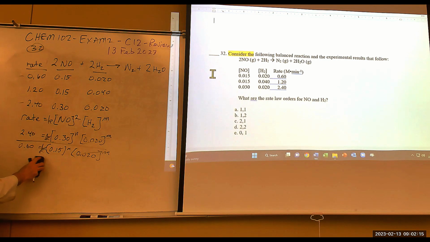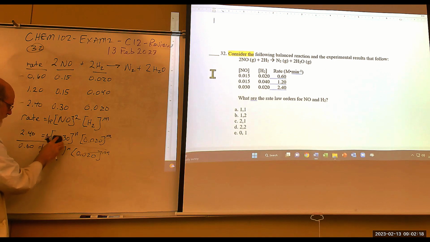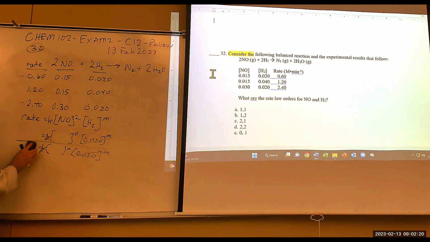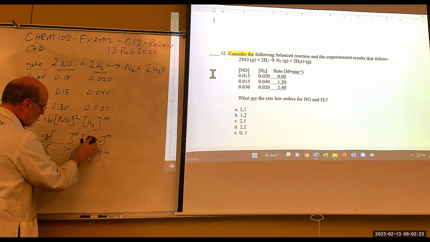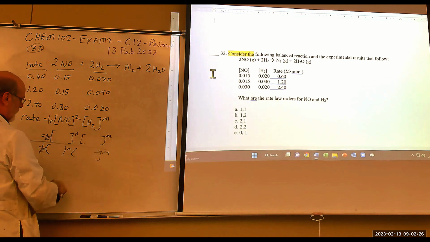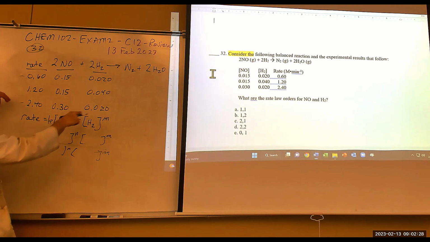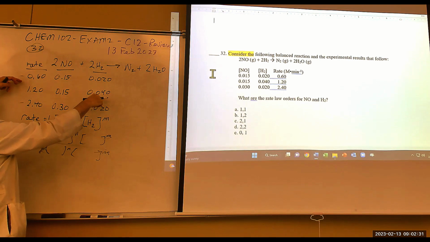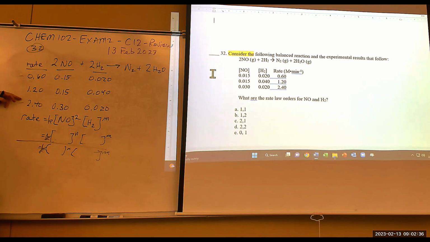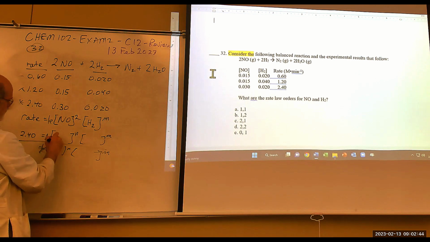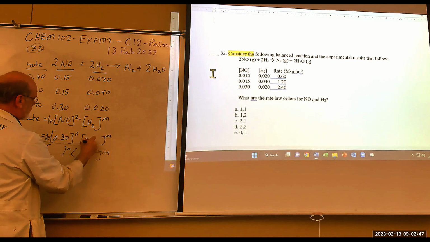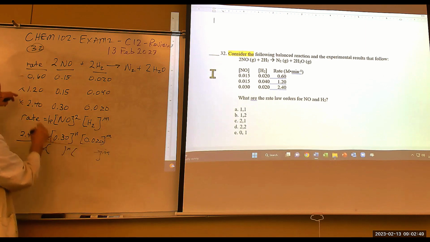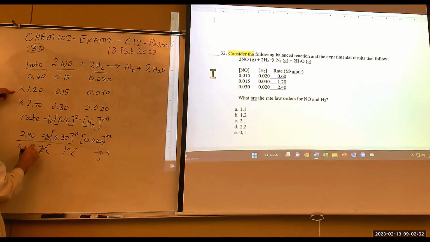All right. So now we're going to do the same thing, only this time we're going to ratio and let the hydrogen term vary. So we'll use either this one and this one, or this one and this one. Doesn't matter really. Let's use this one and this one. So 2.40, I should have left that stuff up here. I'm thinking ahead. And this one is 1.20.